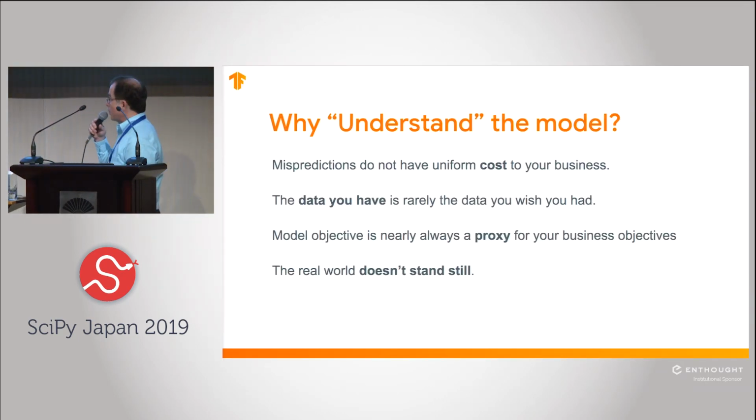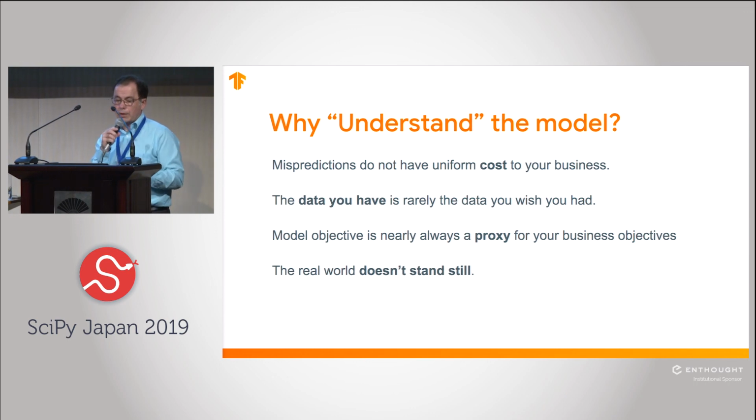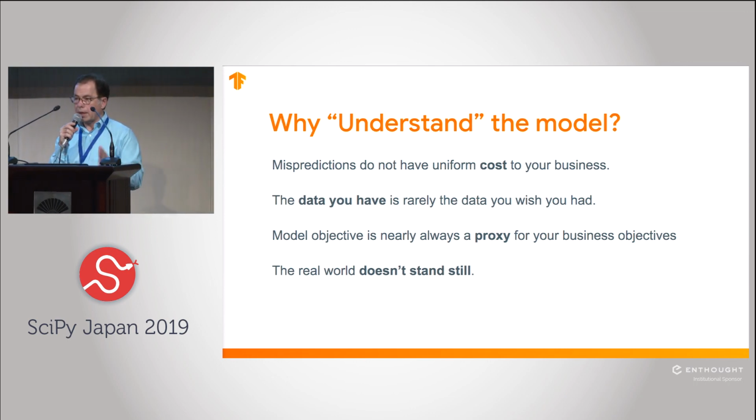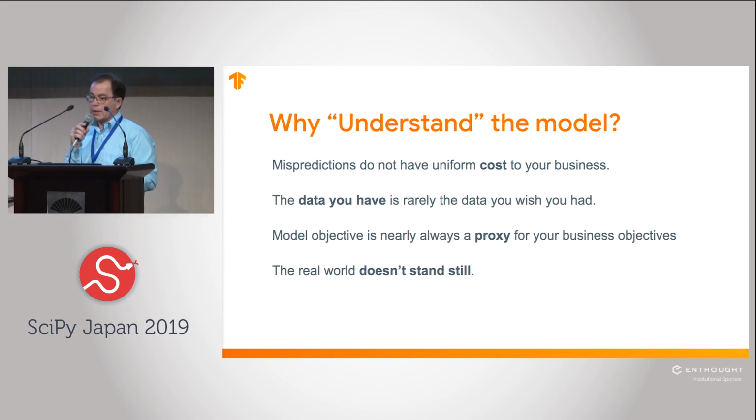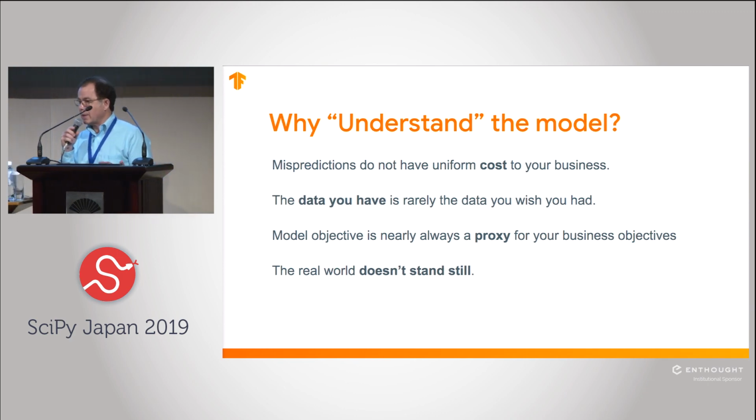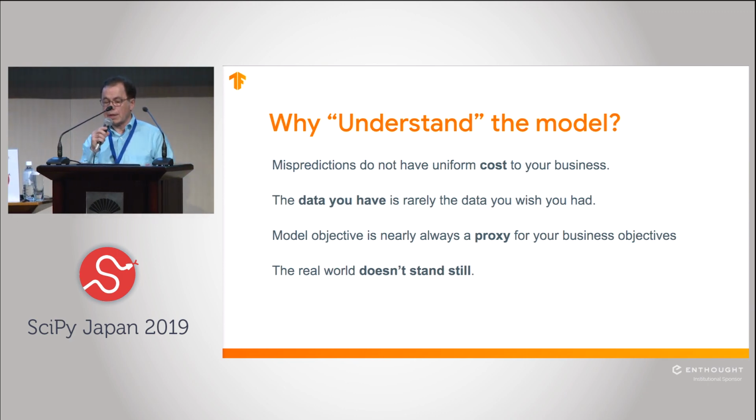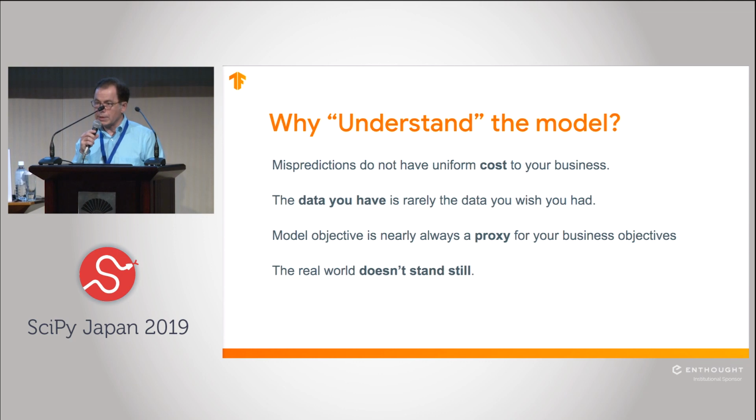So why is it important to understand the performance of your model on individual slices like that? Because mispredictions have costs to your business. And the data you have is almost never the data that you wish you had. The objective of your model is just a proxy for the actual business objective.